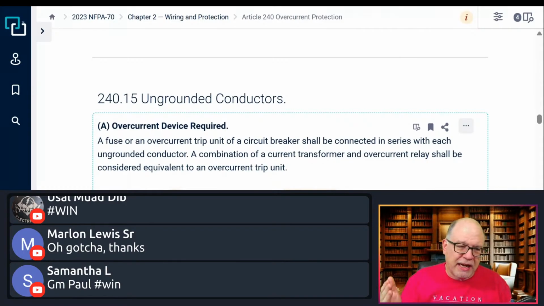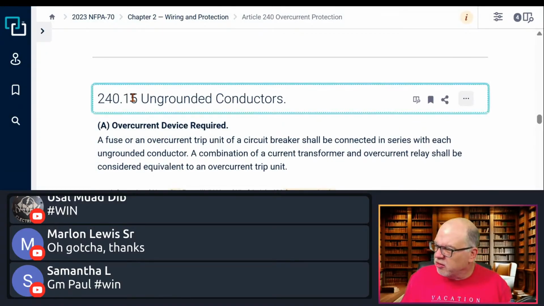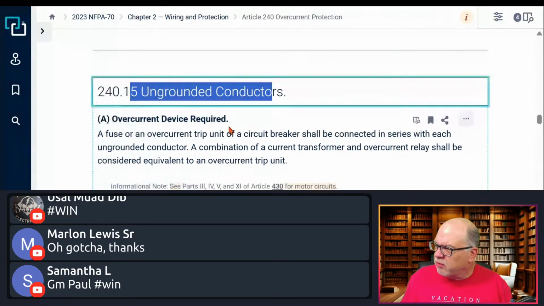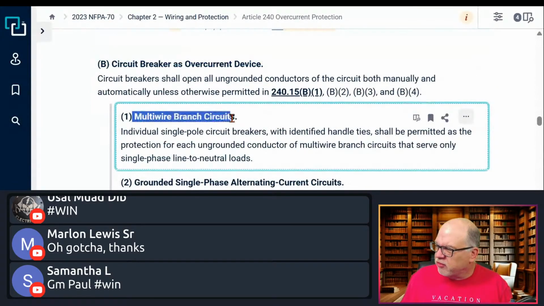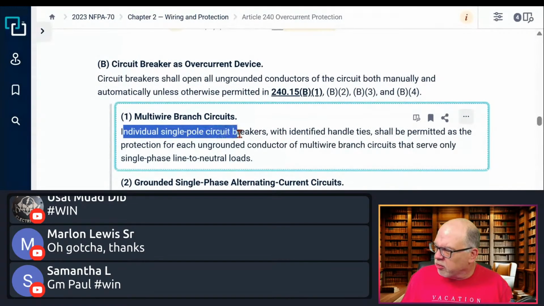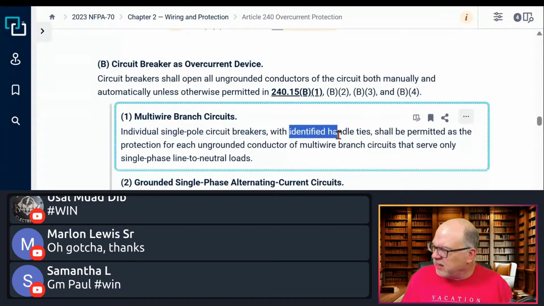Now we're looking at 240.15, and we're looking at the ungrounded conductors. And what about circuit breaker as overcurrent device, multi-wire branch circuits, B1? What do we have to be aware of? Well, individual single pole circuit breakers with identified handle ties.